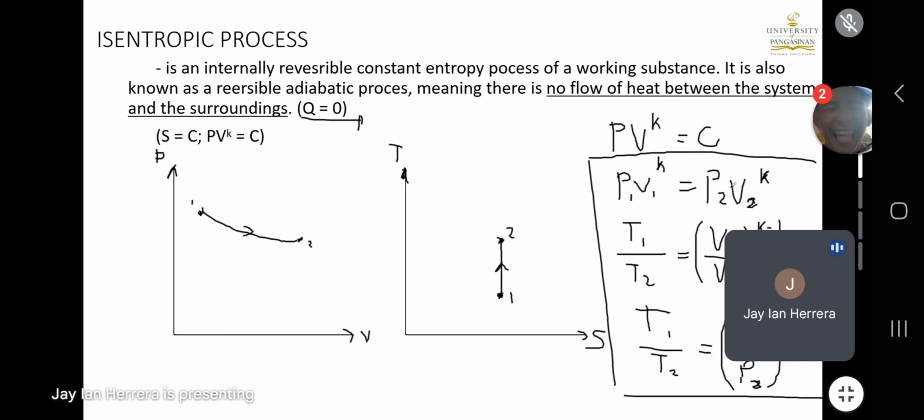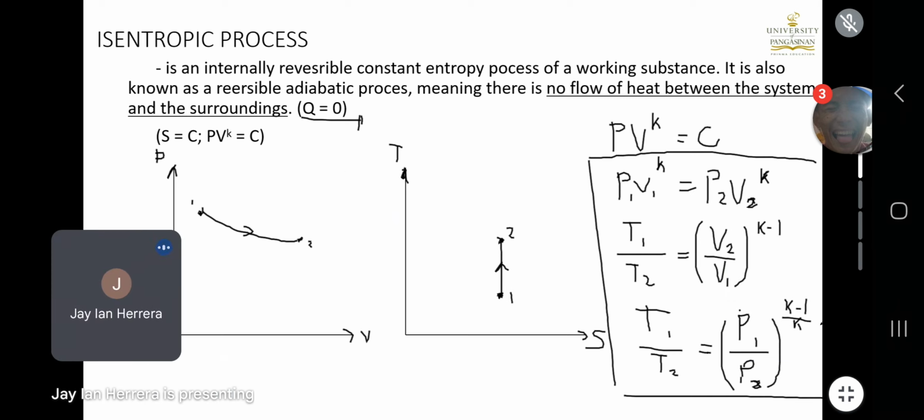So this is the pressure to volume relationship for the isentropic process, the temperature to volume relationship for isentropic, and the temperature to pressure relationship for the constant entropy process. So pakiscreenshot siya. And then we will go over the next, the mga work natin.